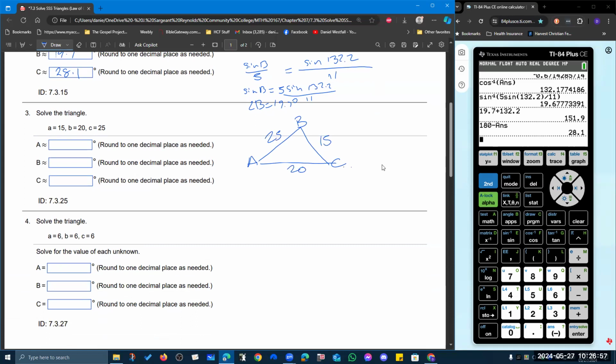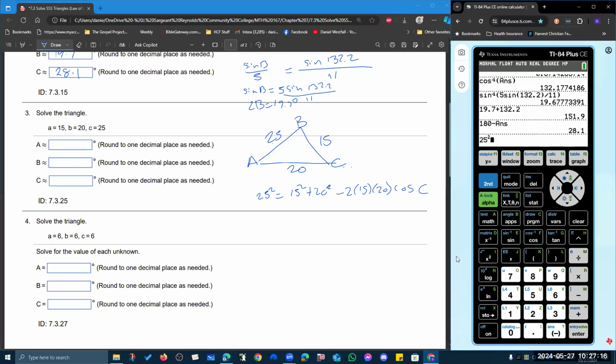I'll solve for angle C first since it's across from the biggest side. 25 squared equals 15 squared plus 20 squared minus 2 times 15 times 20 times the cosine of angle C. So 25 squared minus 15 squared minus 20 squared is 0.